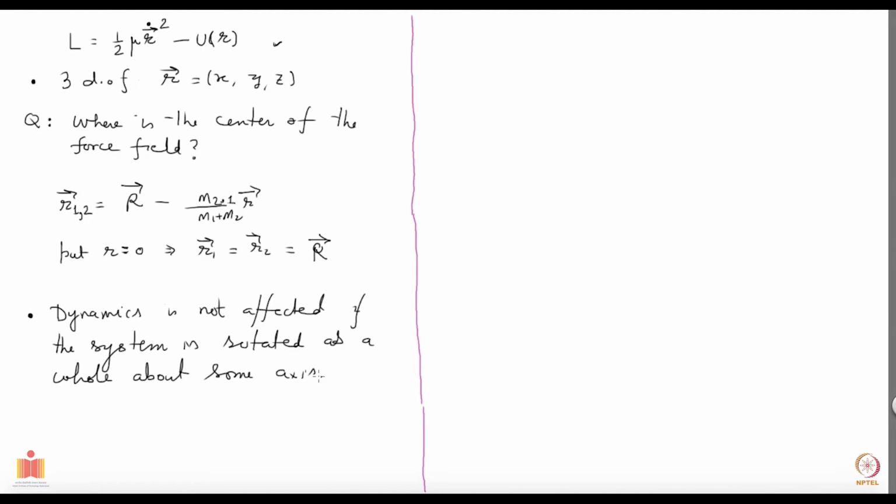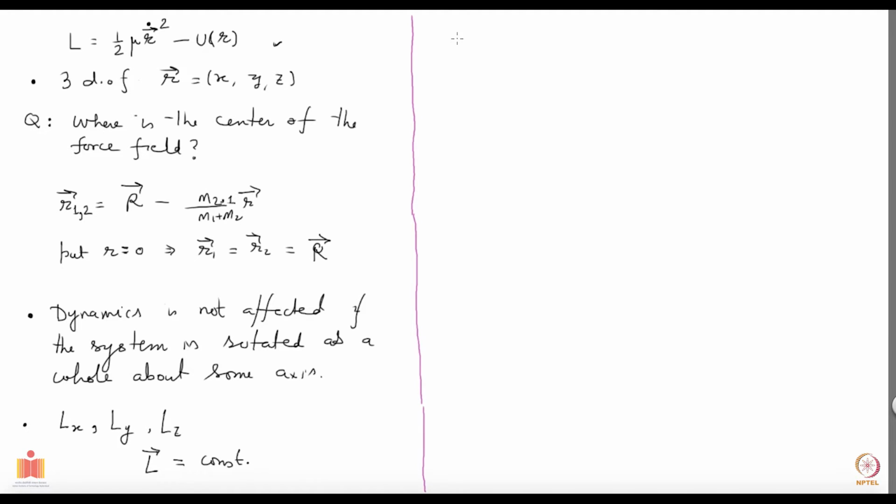Now, as I said, because you have three mutually perpendicular directions you can take, this implies that there are three angular momenta which are conserved, which are Lx, Ly and Lz. Or equivalently, I can put it as a vector equation and say that L is equal to constant. This will be a constant of motion. So whatever your system does, L will remain unchanged. So this is what the symmetry implies.